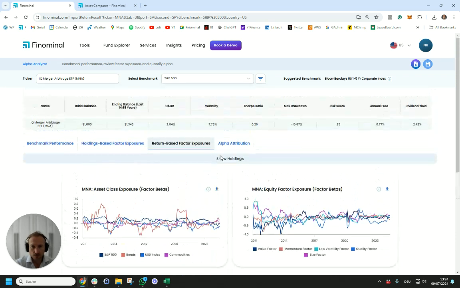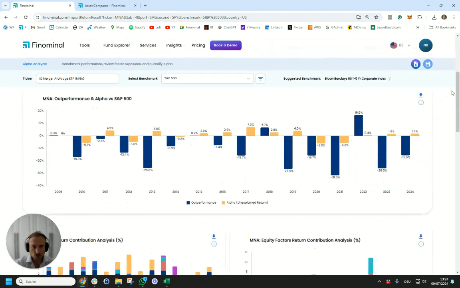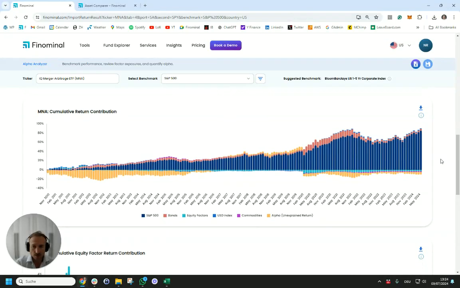And if we then look in terms of what have been the major contributors to returns, we see that this unfortunately has been primarily the stock market. Now, it is worth mentioning that this ETF constructs its portfolio by going long the companies about to be acquired, but instead of shorting the companies that are acquiring, it is shorting a global equities index.